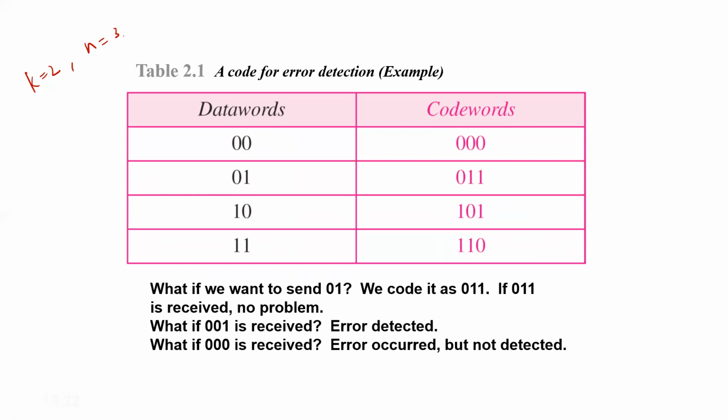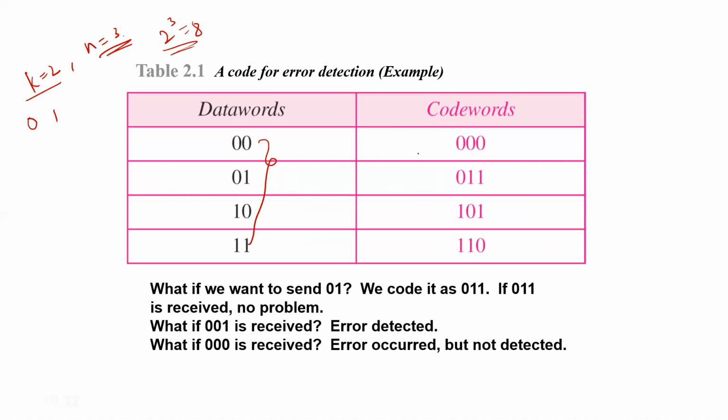Whenever we have 2 bits of data, these are the combinations we have been studying from first year: 00, 01, 10, and 11. For code words, when n is equal to 3, you have 2 power 3, 8 combinations, an octal system. From those 8 combinations, we want to use only 4.